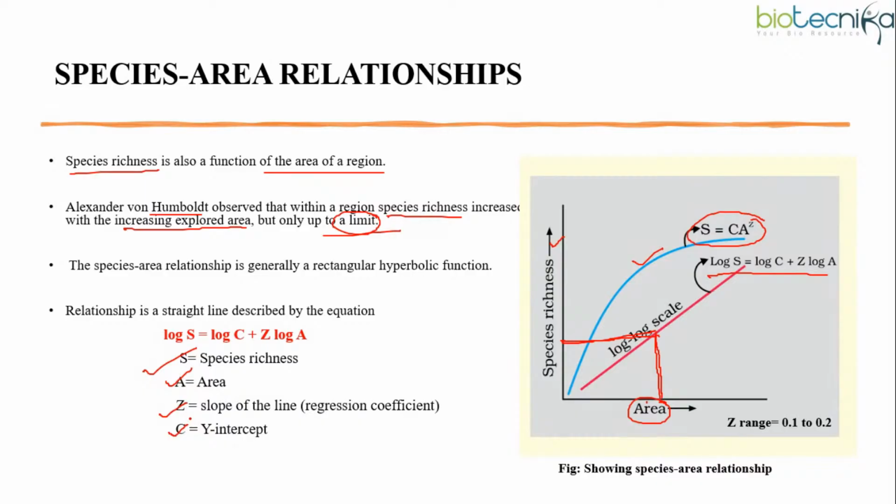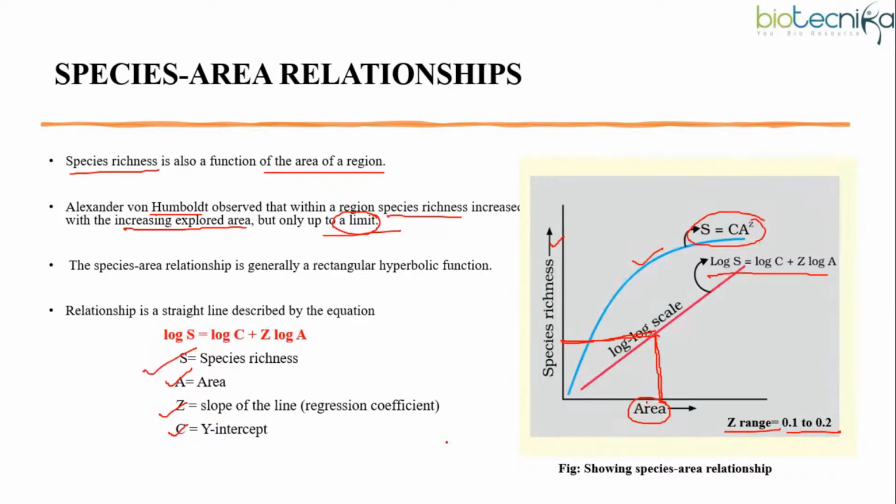Now, ecologists have discovered that the value of Z lies in the range of 0.1 to 0.2, regardless of the taxonomic group or the region. It doesn't matter whether it's the plants present in Britain or birds in California or molluscs in New York State, the slope of the regression line will be similar.